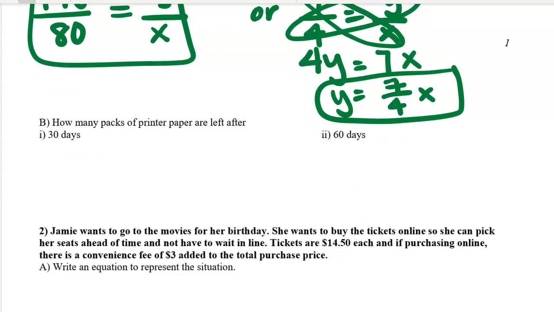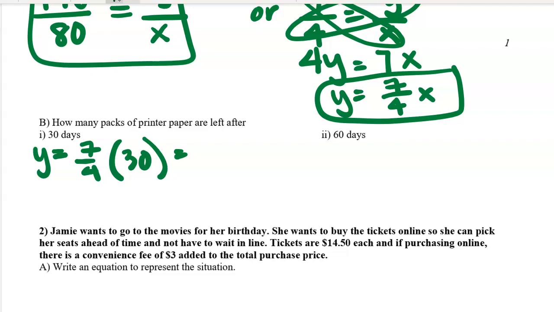So part B1. How many packs of printer paper are left after 30 days? Well, we want to find the use first. We have an equation for use. Y equals 7 over 4 times what? 30. Okay. Equals. Can I reduce that, by the way? 30 and 4.